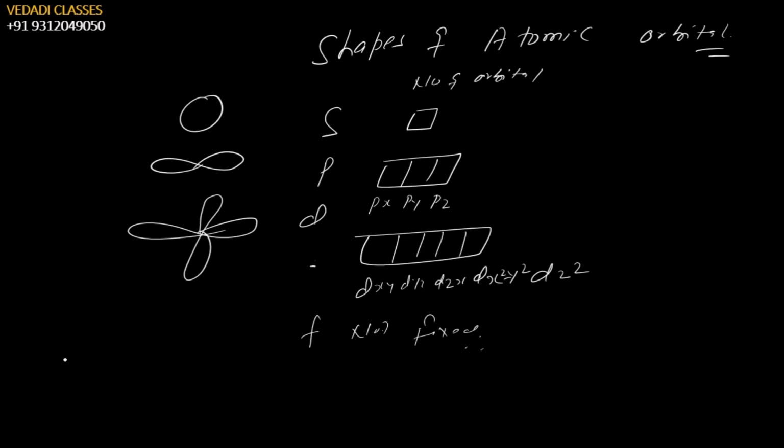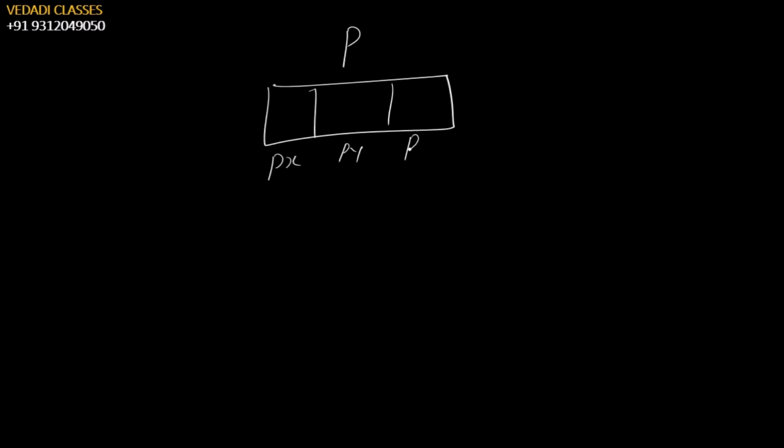S is spherical, which is very common, but now we'll start with p. P has px, py and pz. When we discuss px, py, pz, we draw the structure on a coordinate system.